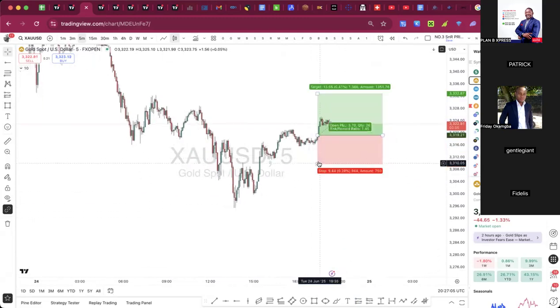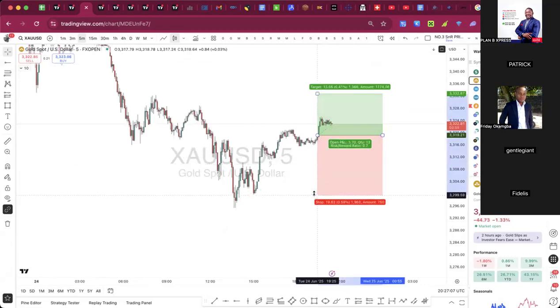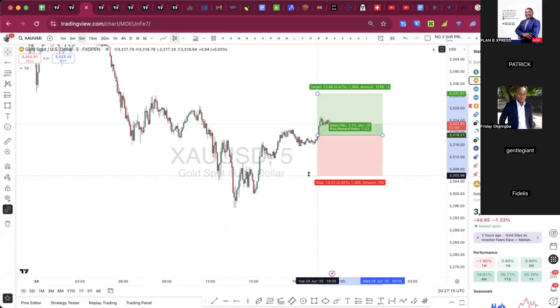If you extend it down here, this is 196 pips. Let's be reasonable, because not everybody can cut gold pips in the stop loss. So now this is 130 pips.